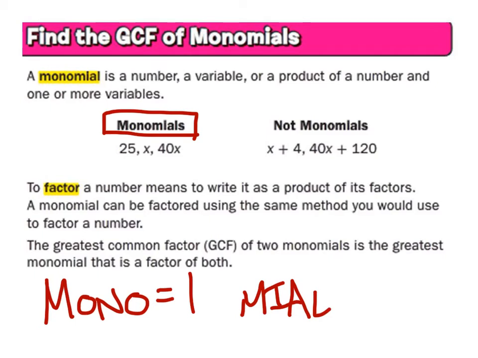Nomial is a fancy word that sounds like meal, which is something you eat, like lunch is a meal. And it means term. One term. Monomial.